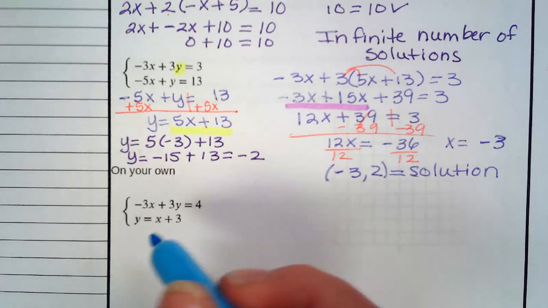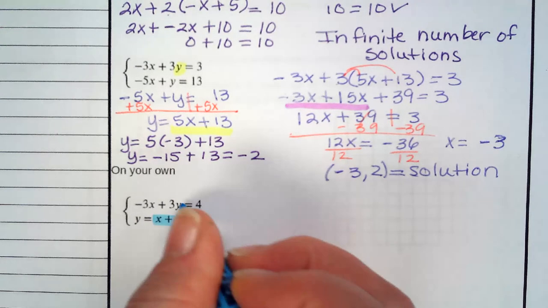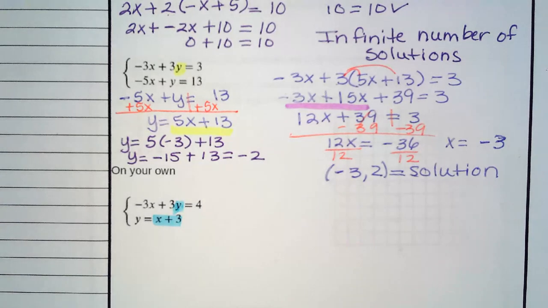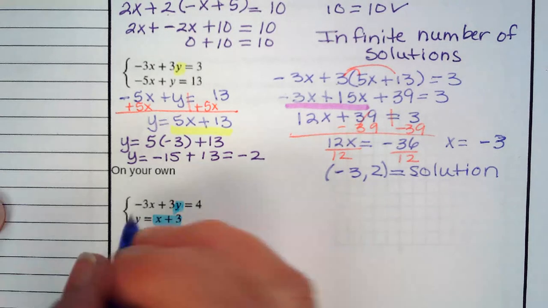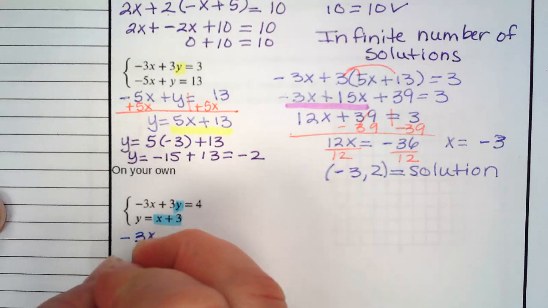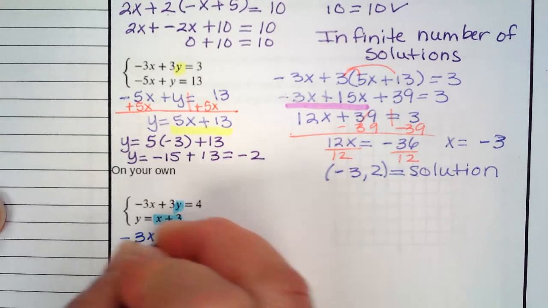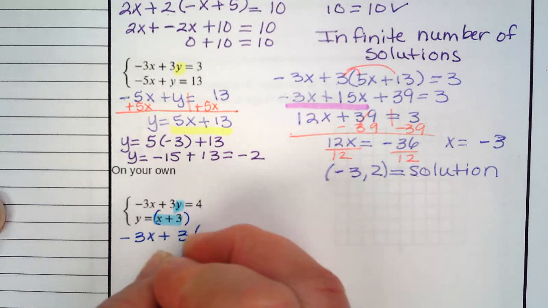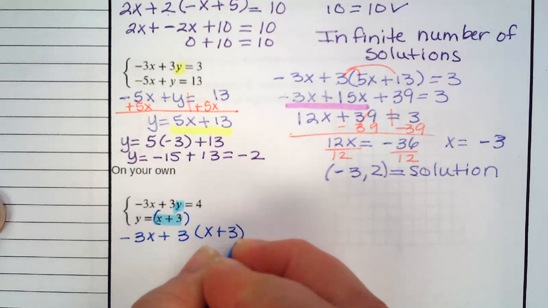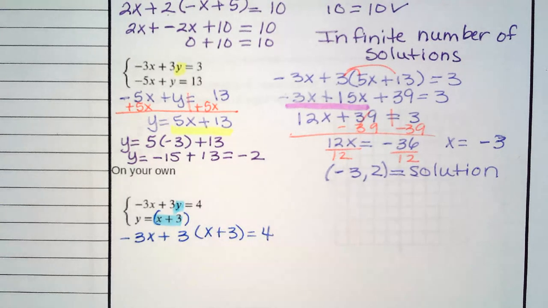Well, I hope you tried. We know what y is equal to, and we'll substitute it in the first equation. Negative 3x plus 3, and then in parentheses, x plus 3 is equal to 4. Distribute.